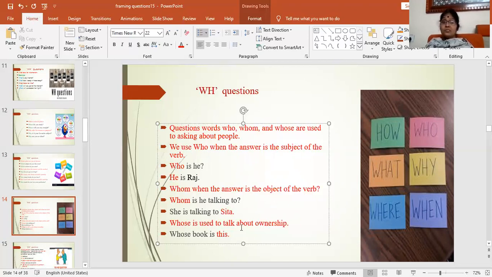Now, whose is used to talk about ownership. Whose book is this? Whose house is this? Right? Whose class are you attending? Right? So this way we use our words who, whom, and whose.